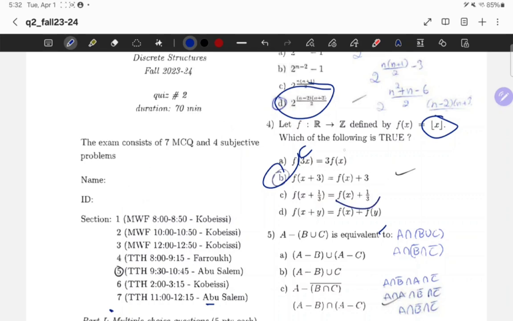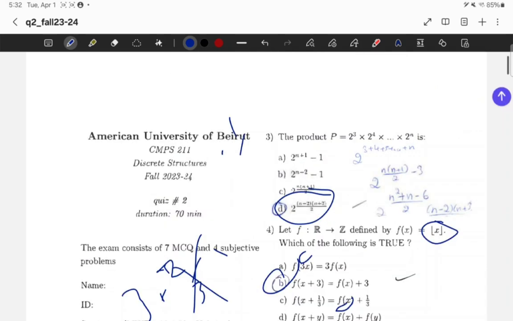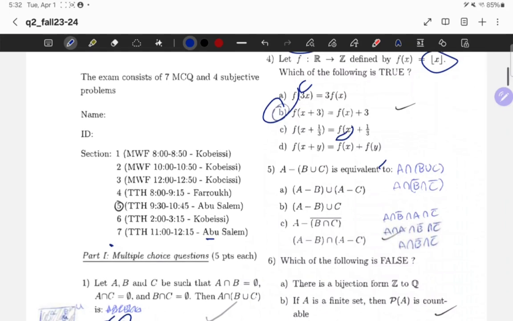But on the other side, I have 3 plus 2 over 3, the decimal part is removed by f of x, and then I add 1 over 3. So instead of 4, I'd have 3.33, or 3 plus 1 over 3, right? So the basic idea here is whenever we change the decimal part within the f of x, and we're not reflecting that change on the other side, this would be false, right?